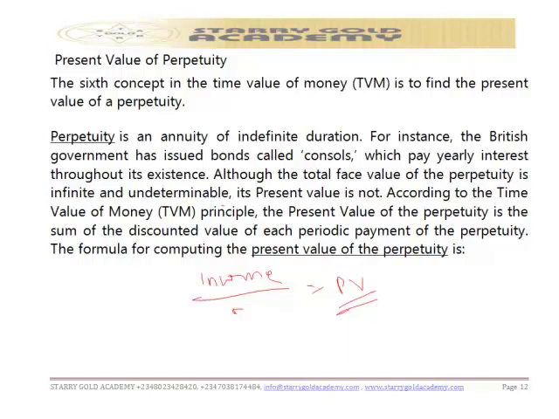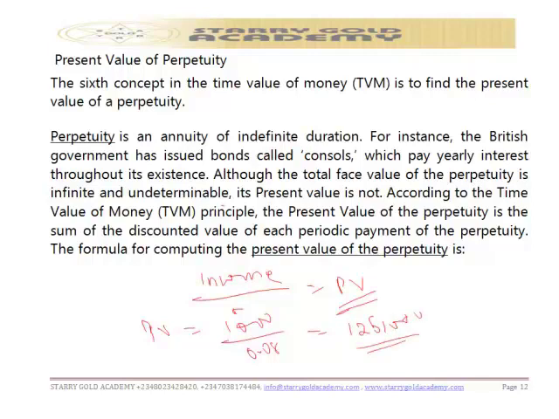For example, if you want to calculate the present value of 1,000 at the end of each month starting from January with a discount rate of 8%, the perpetuity value of the income you receive, which is 1,000 at 8%, will be equal to 125,000.